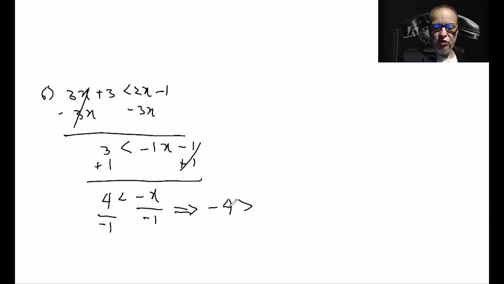The direction of the inequality changes, and then you have a positive x. So negative 4 is greater than x, because you must change the direction of the inequality due to the fact that you're dividing by a negative number.